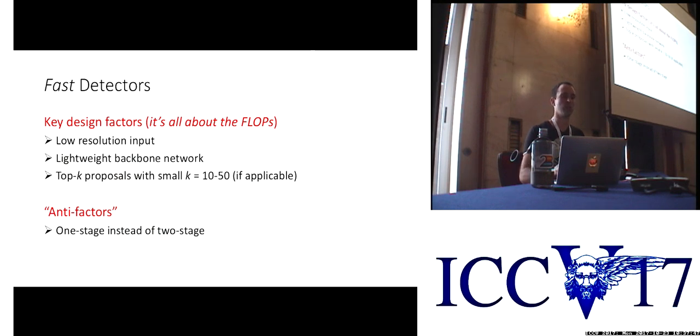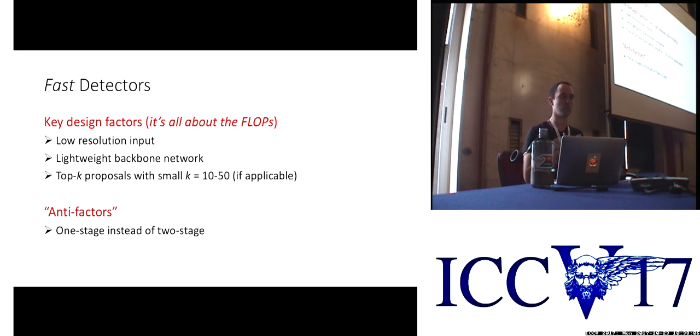So to summarize these points on fast detectors, in my view, the key design decisions about making a detector fast are all about how you reduce the flops. Making the input resolution low, making the backbone network lightweight.